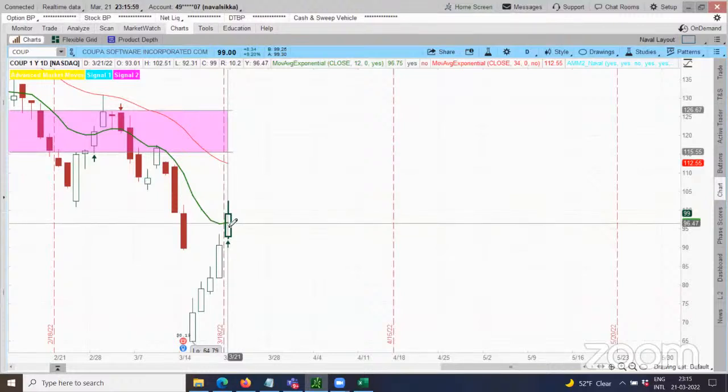Because I do not track this, I will keep 96 as my stop loss. If 96 doesn't hold, I will exit this position. 96 is really important for Coop. If 96 holds, you can see 112.